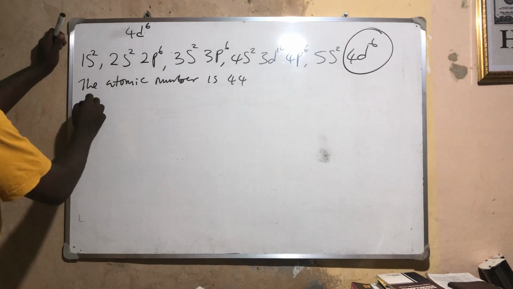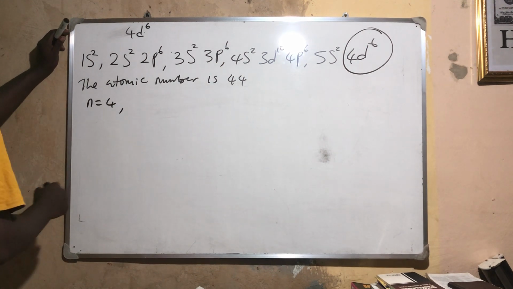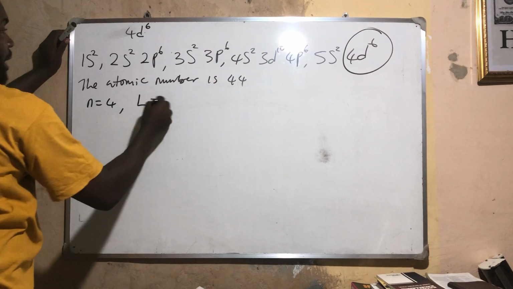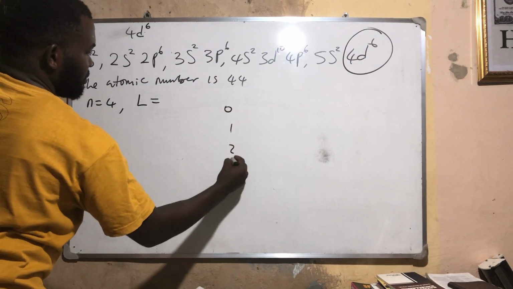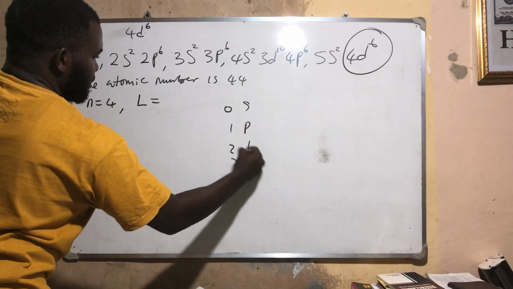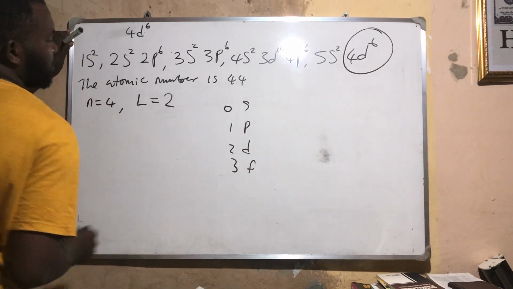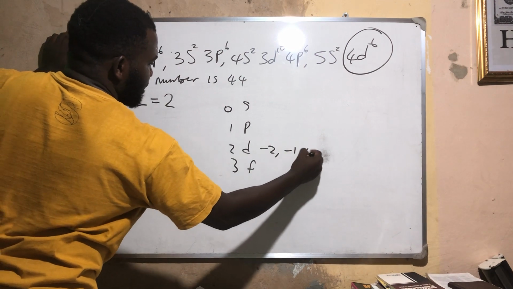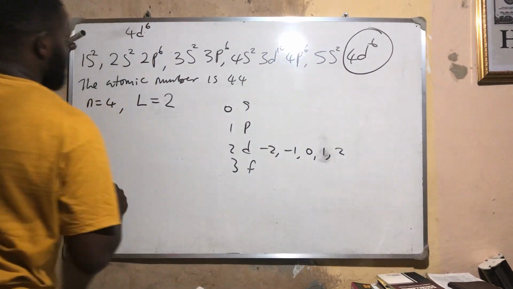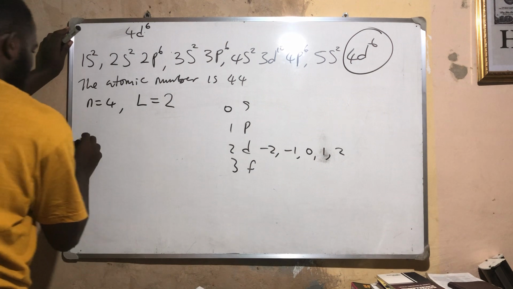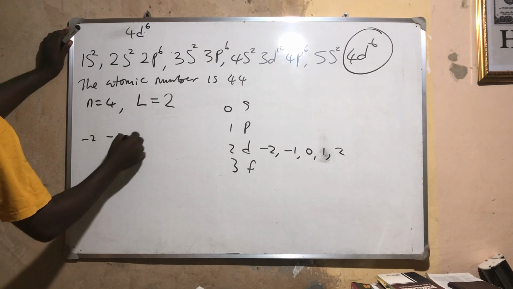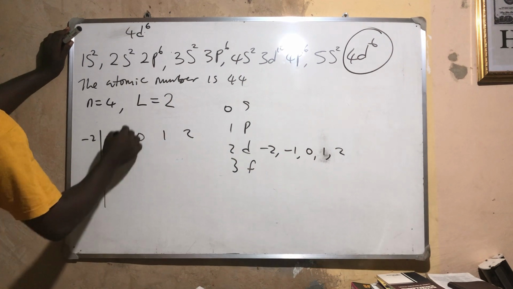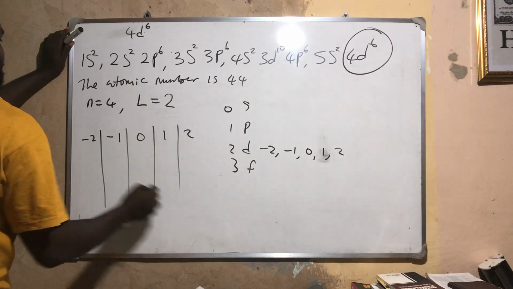All right. So from the last electron here, we can calculate all the quantum numbers. The principal quantum number is 4. The azimuthal quantum number is 0, 1, 2, 3, 4 for S, P, D, and F, so it is 2. And I told you that if it is 2, I'll have -2, -1, 0, 1, and 2.